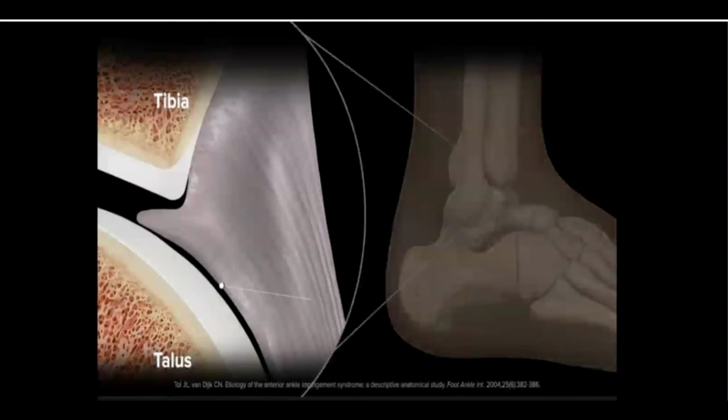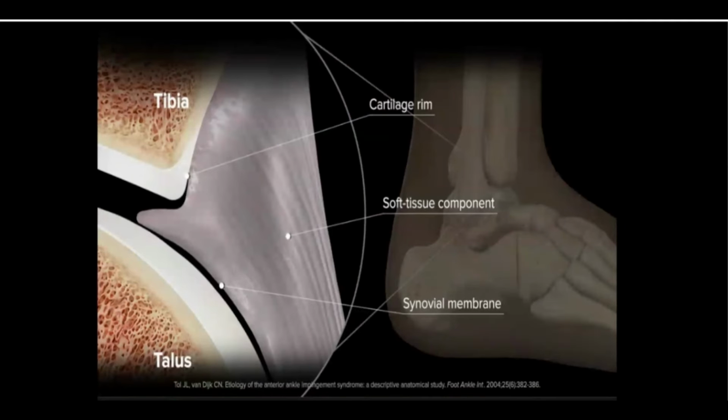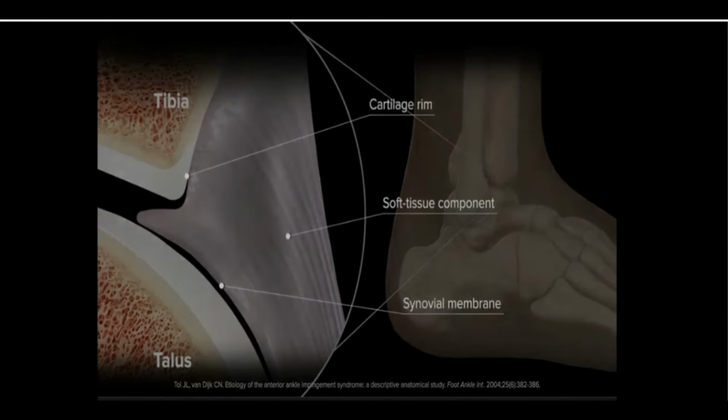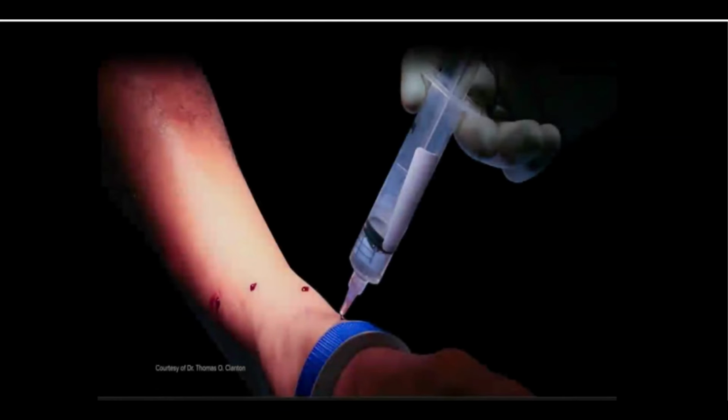Capsular attachment at the level of the ankle joint, shown in this sagittal illustration, was studied further by Johannes and Van Dyke, showing the soft tissue component attached to the joint capsule anteriorly, and they highlighted the non-weight-bearing cartilage rim on the tibia that extends 3 mm proximal to the joint line. The capsule is distended with sterile fluid at the beginning of the procedure to allow for easier access.